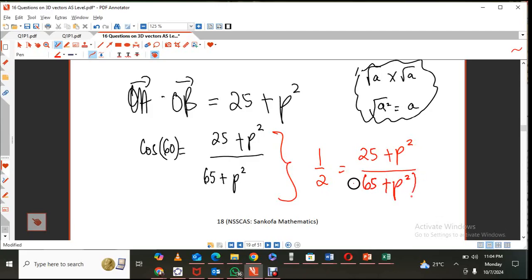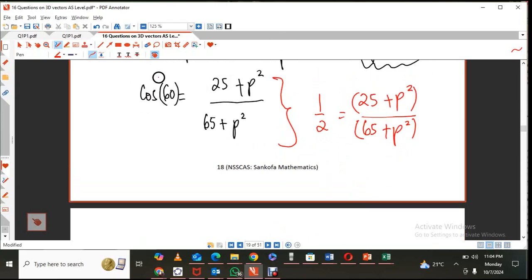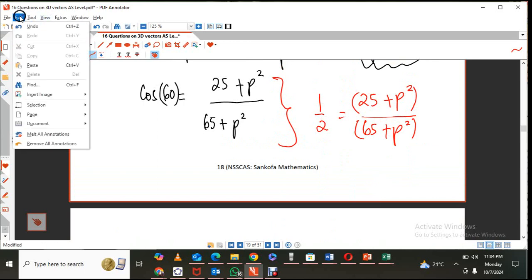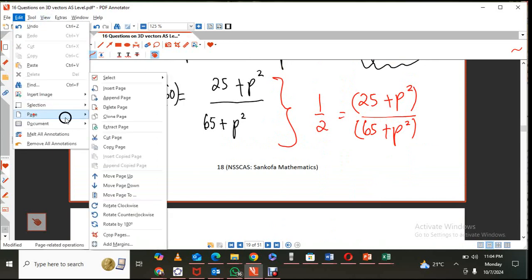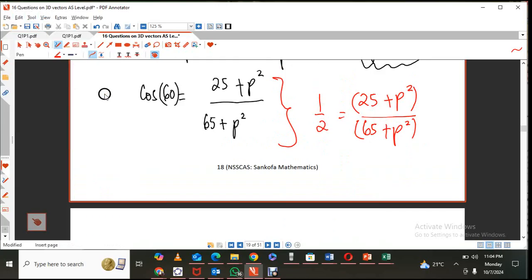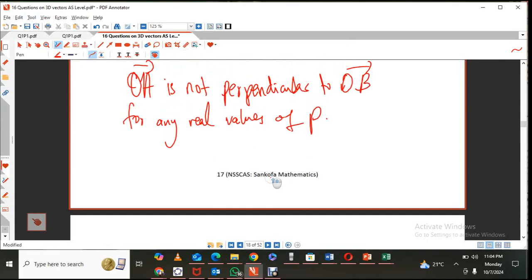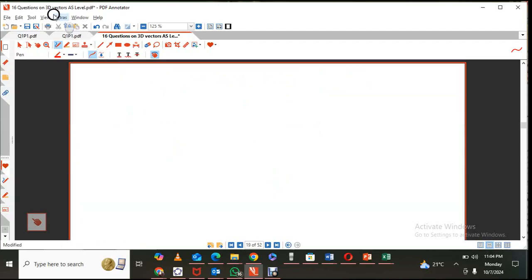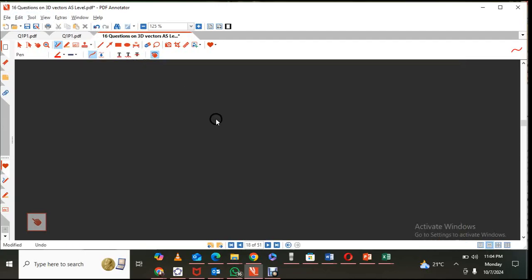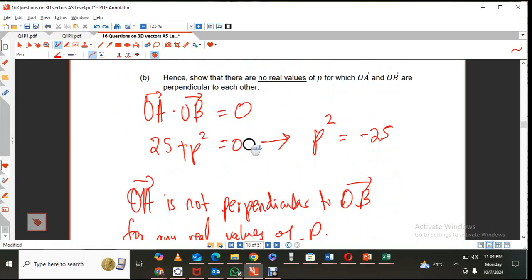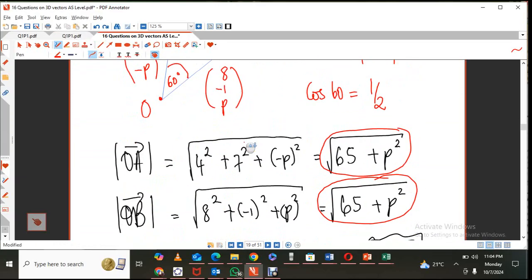Well, because of habit, we'll maybe be using cross multiplication. So let's just add another page. Let's see where we are.